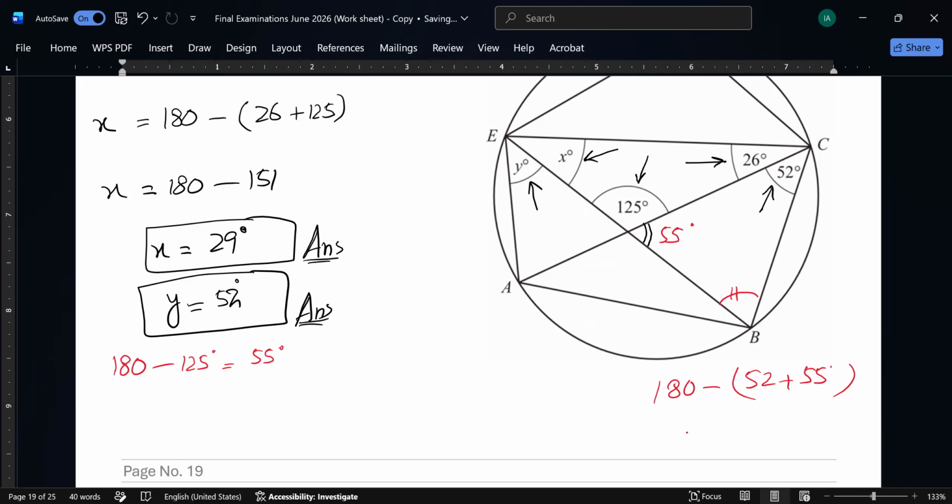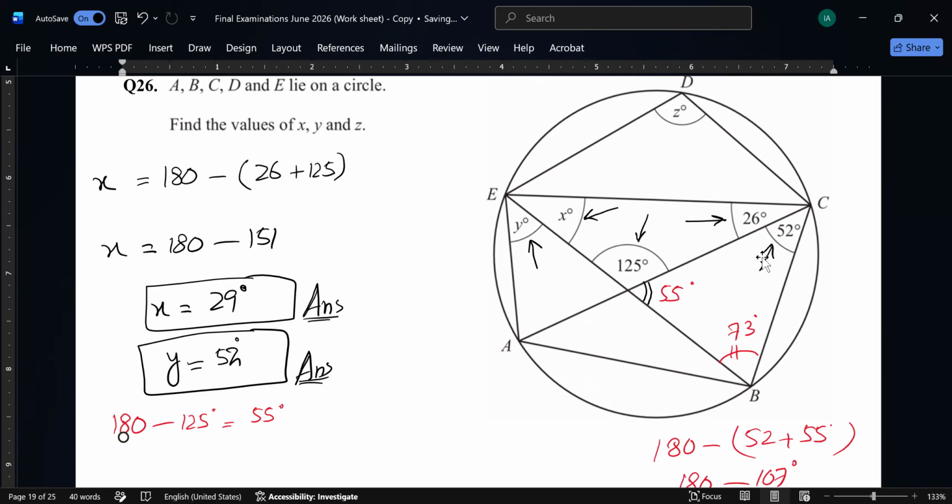So this is going to be 180 minus 107. So this angle would be 73. This angle is 73. But we are looking for the z and we didn't get up to the z.